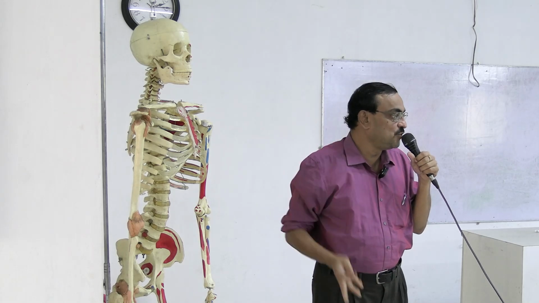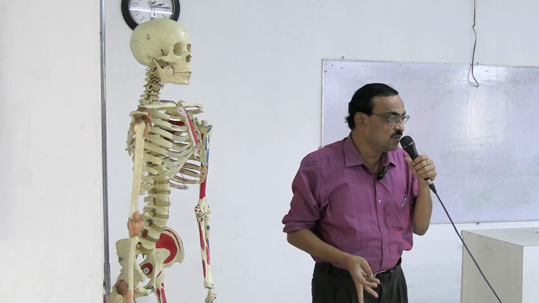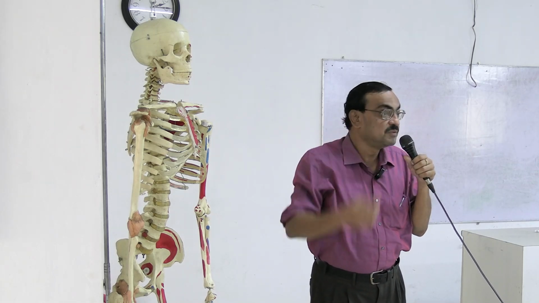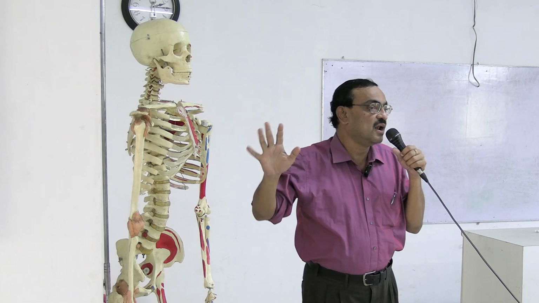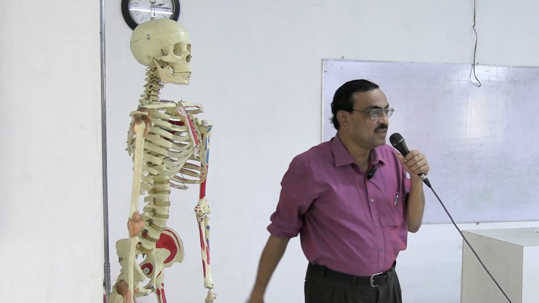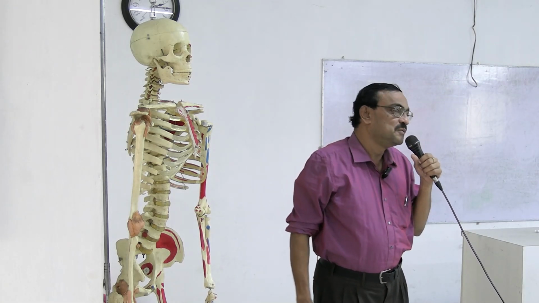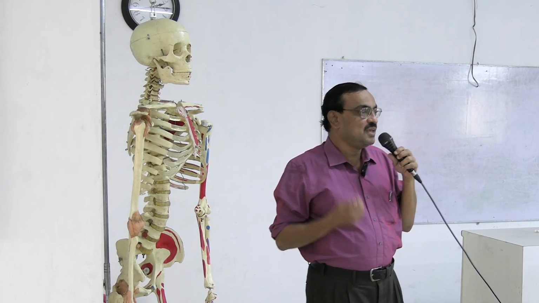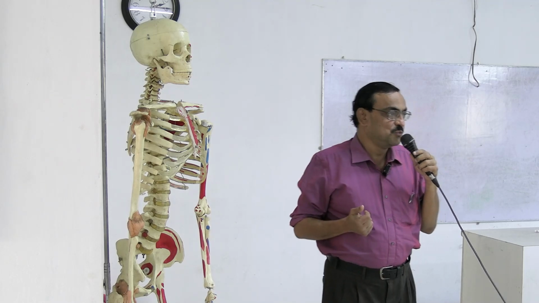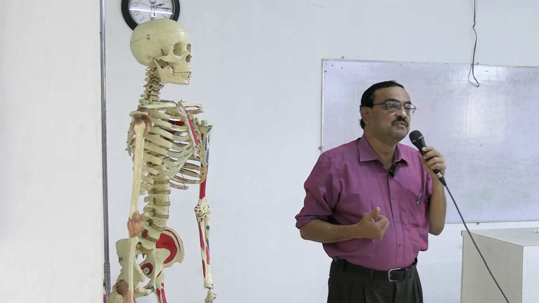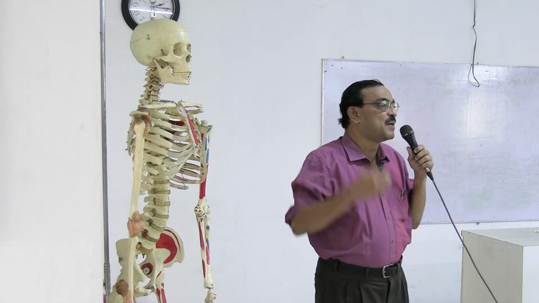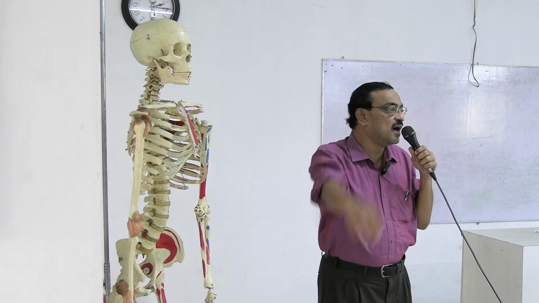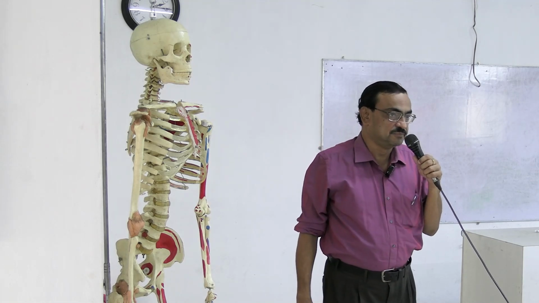Remember: medial cutaneous nerve of arm, medial cutaneous nerve of forearm, medial root of the median nerve, medial pectoral nerve, and ulnar nerve. I know it is painstaking for you at this moment, but as we will repeat, gradually it will become familiar to you. And from the posterior cord we will get ULTRA: upper subscapular, lower subscapular, thoracodorsal, radial, and axillary nerve.